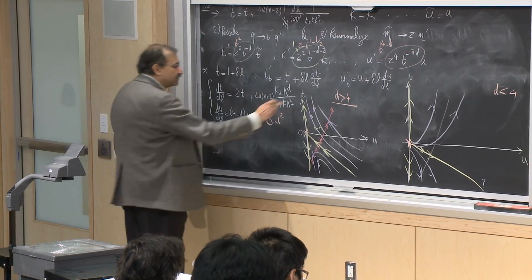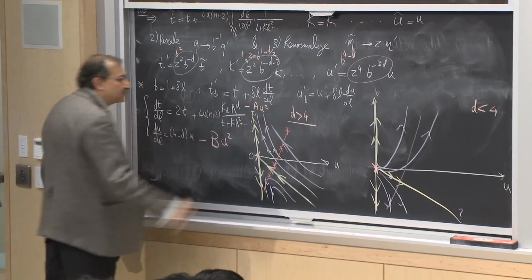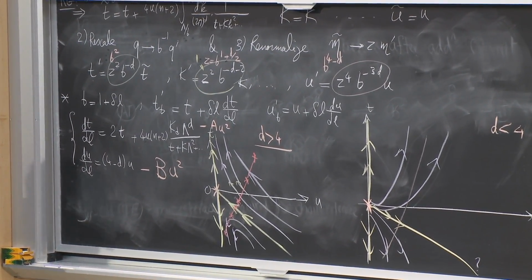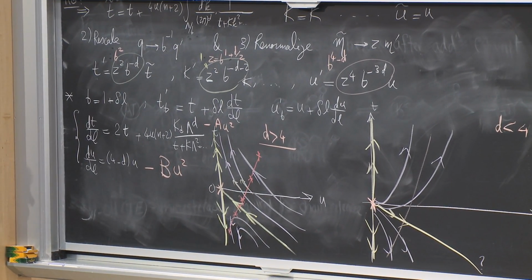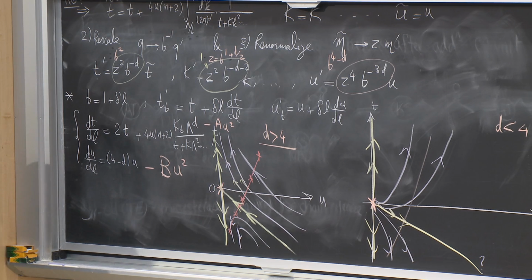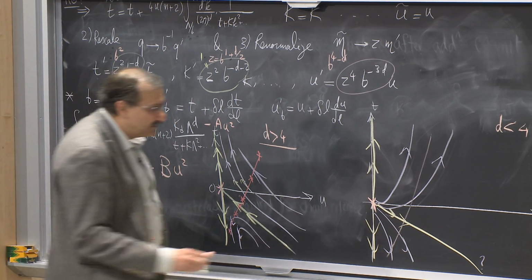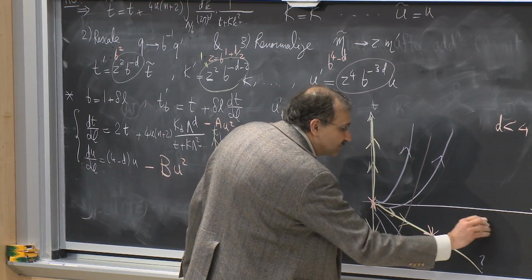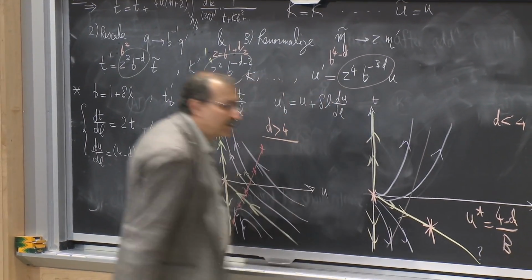Actually, there will be a contribution to dt by dl also that is minus, let's say, au squared. So I expect that if I were to do things at the next order, and we will do that in about 15 minutes, I will get these kinds of terms. Once I have those kinds of terms, you can see that I anticipate then a fixed point occurring at a location u star, which is (4 minus d) divided by b. Okay?